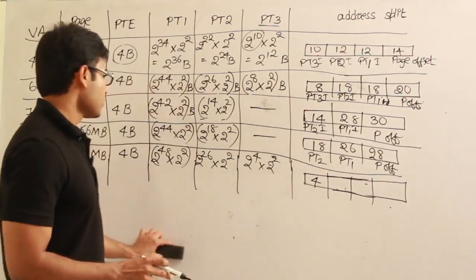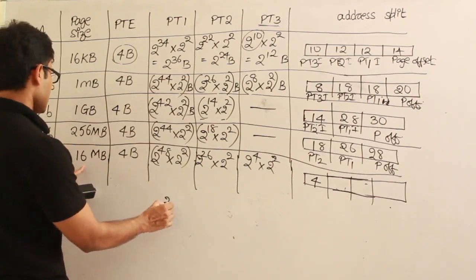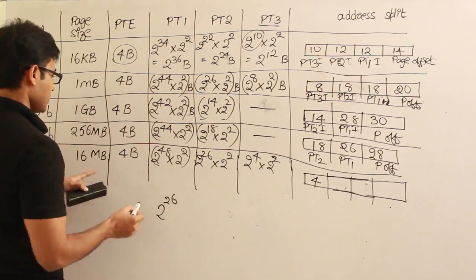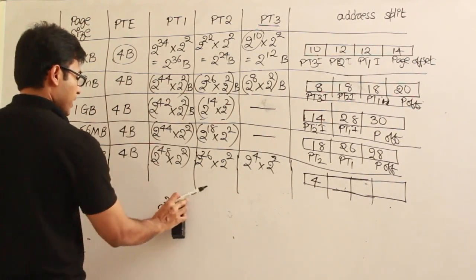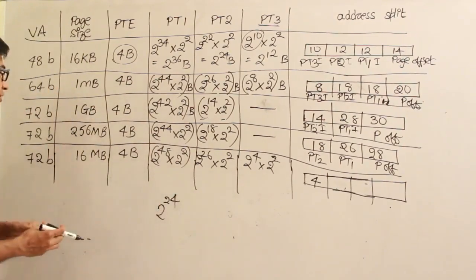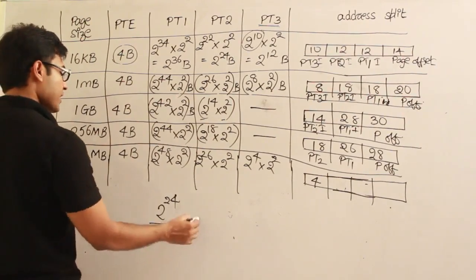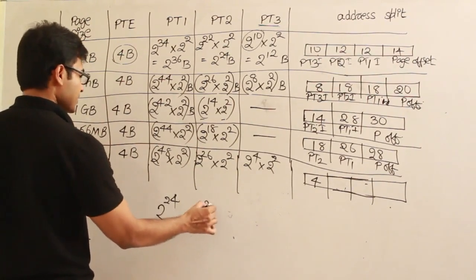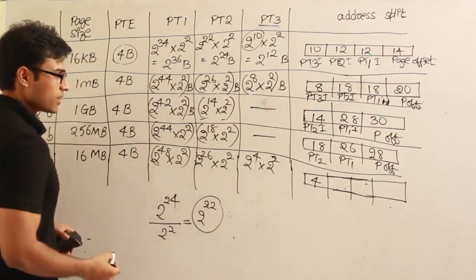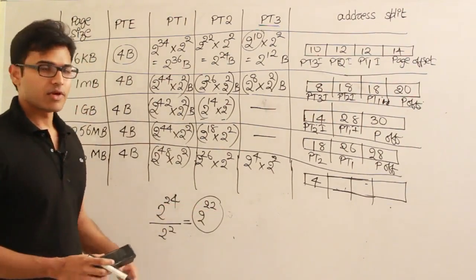So watch it. So the page size is 2 power 24, is it? Okay, again my subconscious mind is working here. So 2 power 24, and the page entry size is 4 bytes, which means 2 power 2. Therefore, the number of entries in each page is going to be 2 power 22. And in order to identify each entry, we need 22 bits.